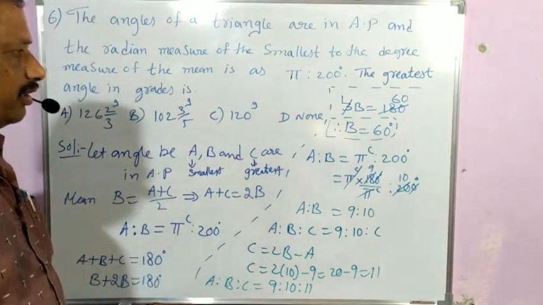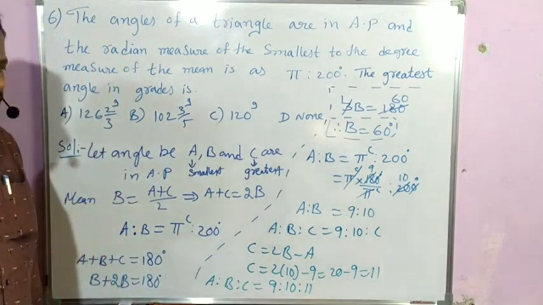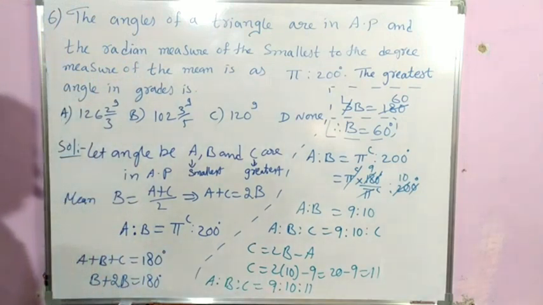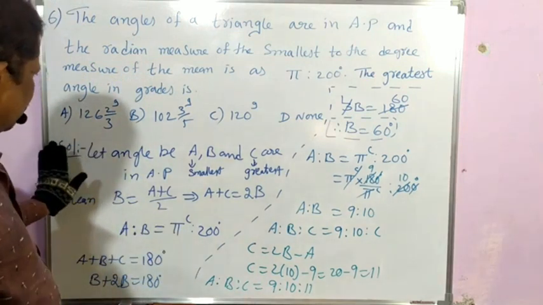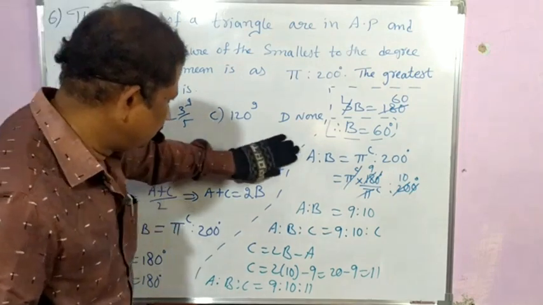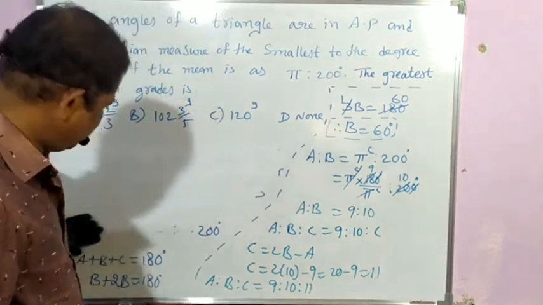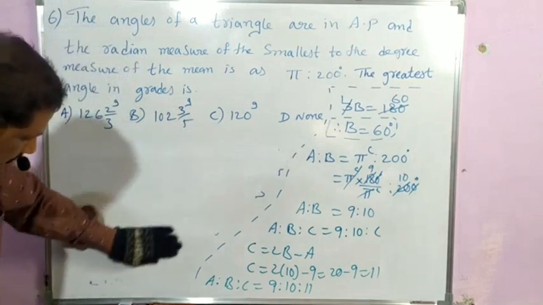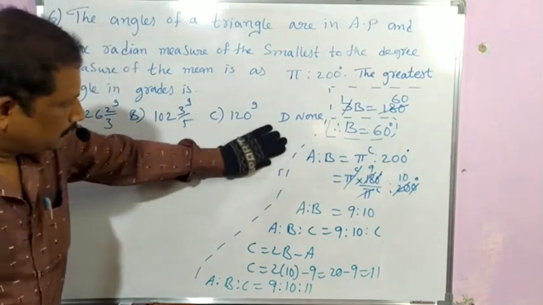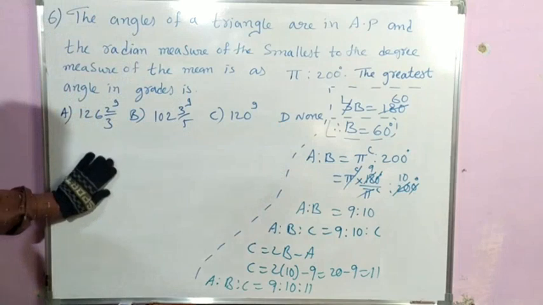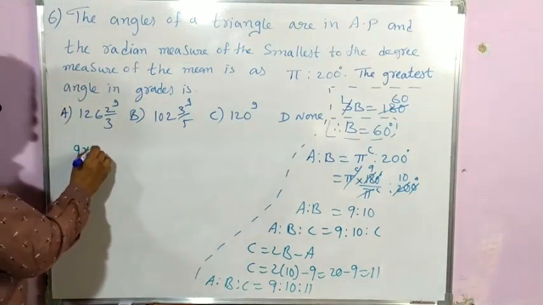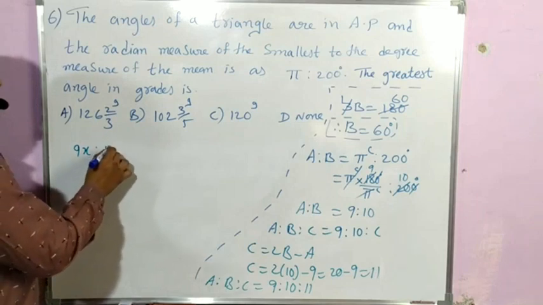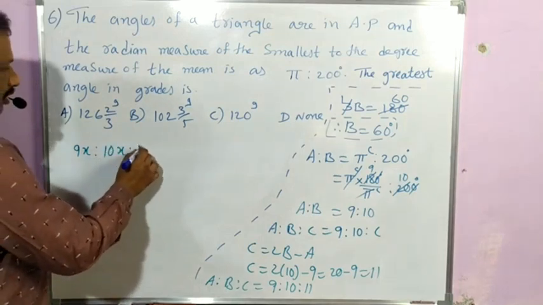Now what is the angle? C angle you have to find out. B we already know. So for the ratios we take 9x is to 10x is to 11x.